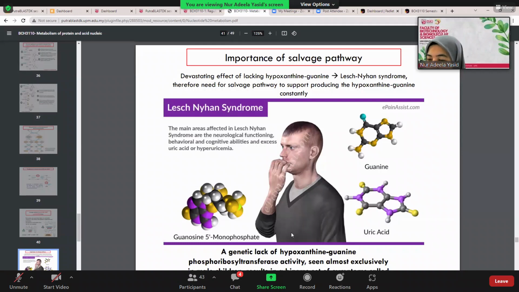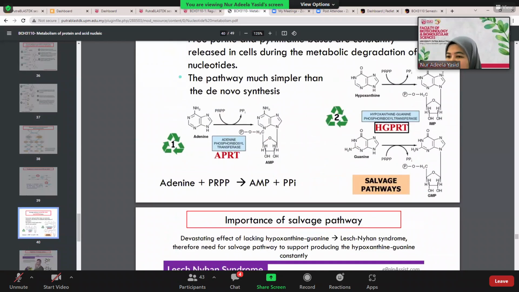You know that PRPP is one of the intermediates dalam purine biosynthesis, betul? So what will happen if this enzyme is lacking? It will cause the accumulation of PRPP.